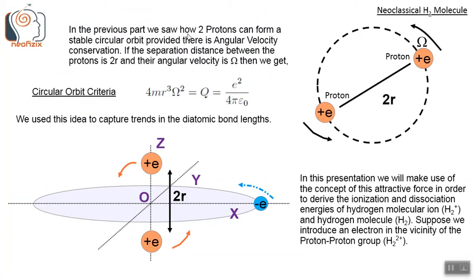In the previous part, we saw how two protons can form a stable circular orbit provided there is angular velocity conservation.